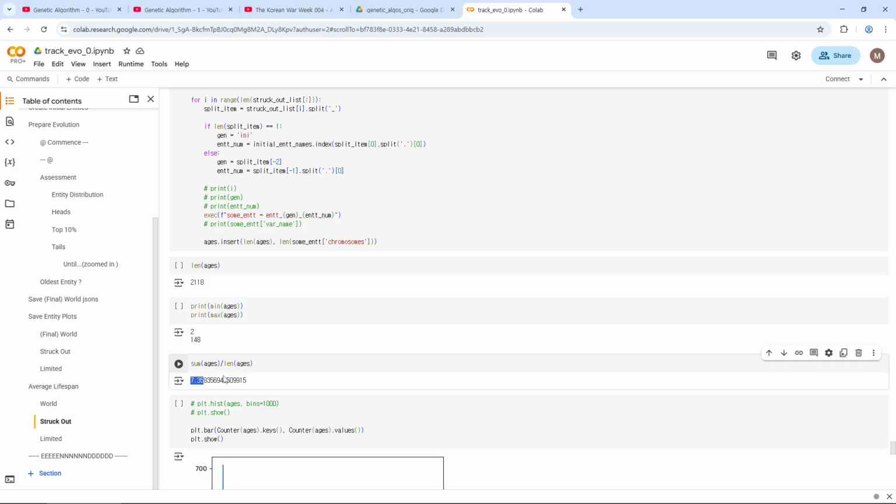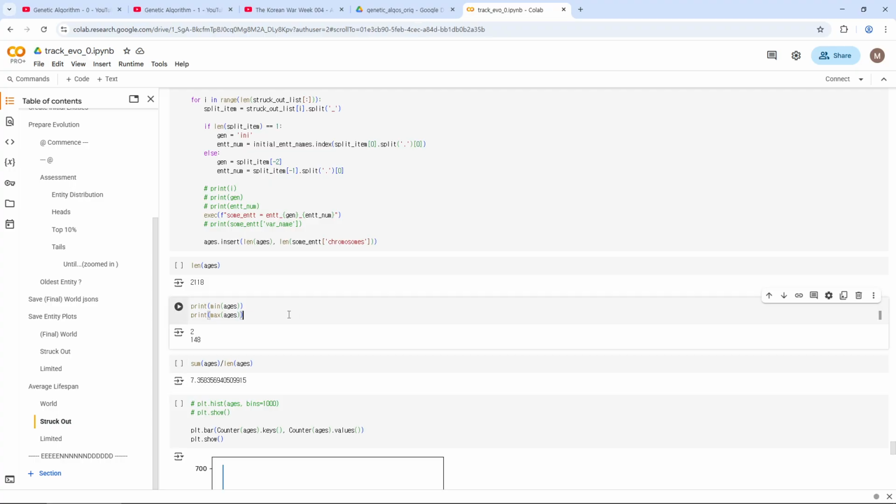Which can be understood as, well, let me rephrase that. This may be due to the fact that the ones who are struck out were usually the ones who were already carrying a lot of genes, who had many genes activated, and therefore also had higher summed constraint values.